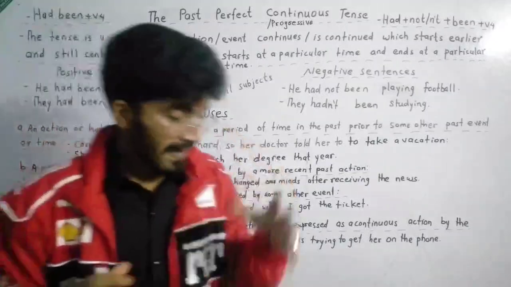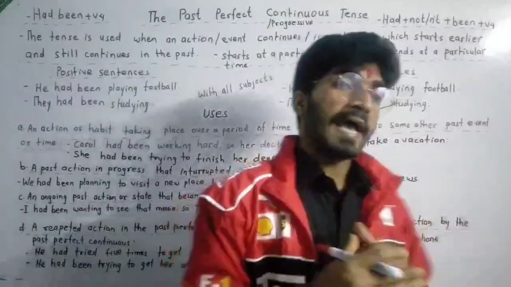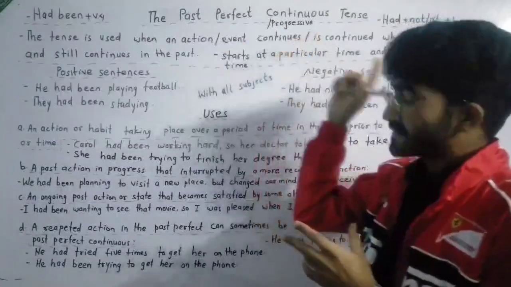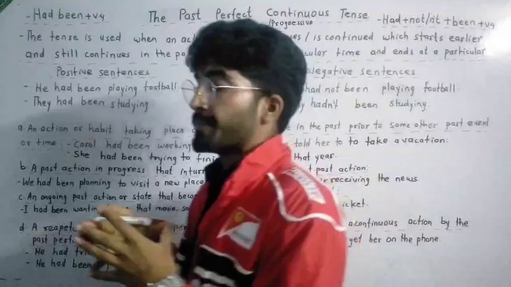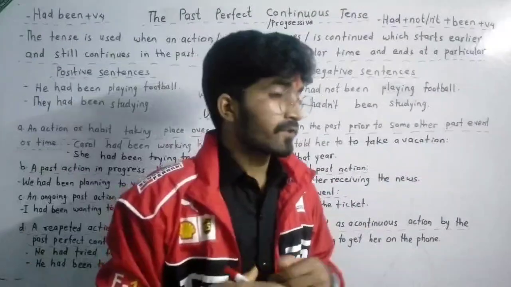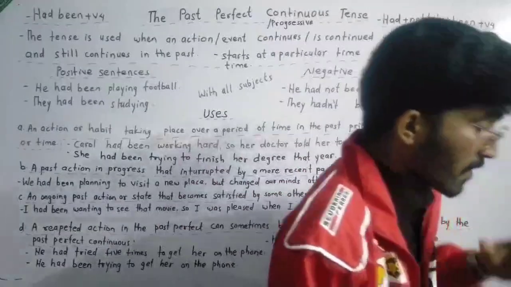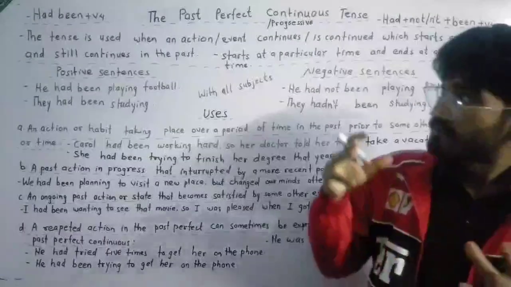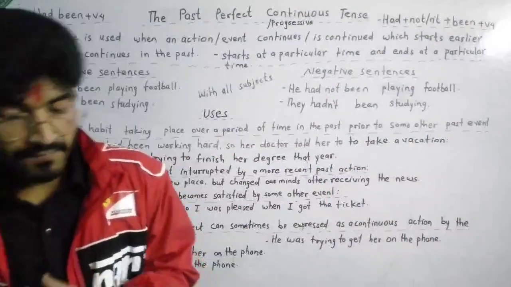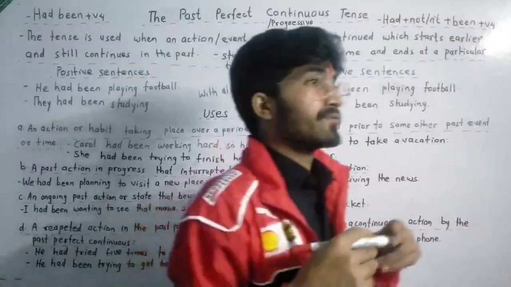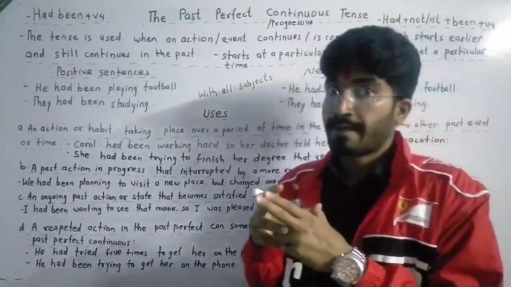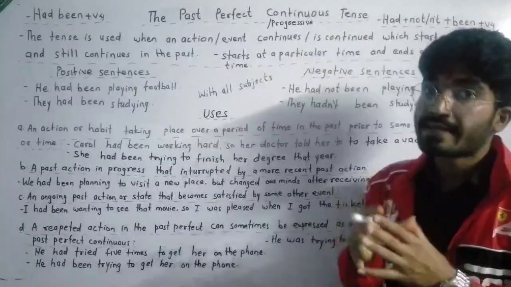You can see here, in had been, we use two helping verbs. While forming the past perfect continuous tense, we use two helping verbs, had been, and then the main verb is the verb form.